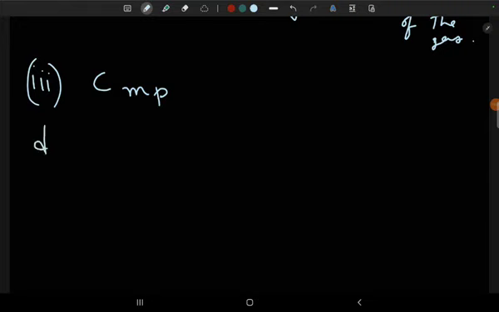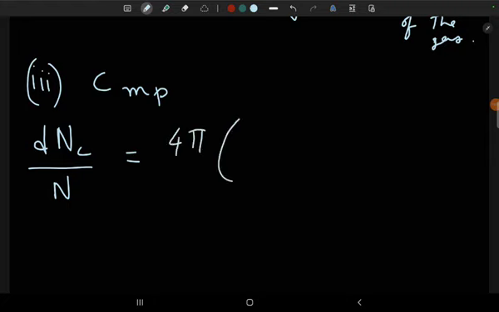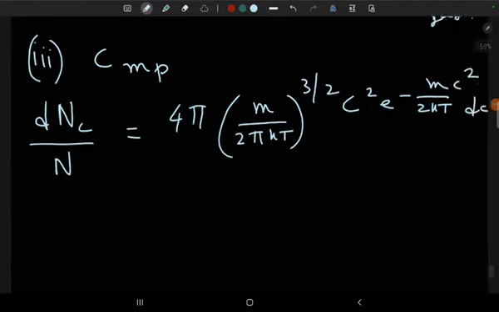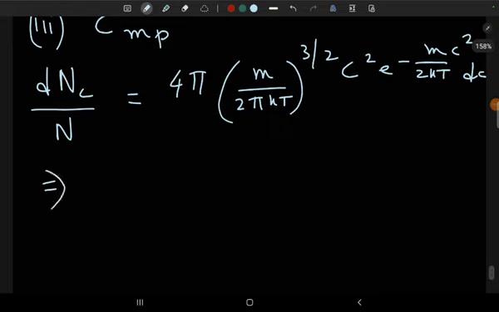Our distribution was something like 4 pi m by 2 pi kt whole to the power 3 by 2 c squared e to the power minus m c squared by 2 kt, let's not write alpha this time, dc, and thus our density function, which we discussed in the first class, looked something like this.